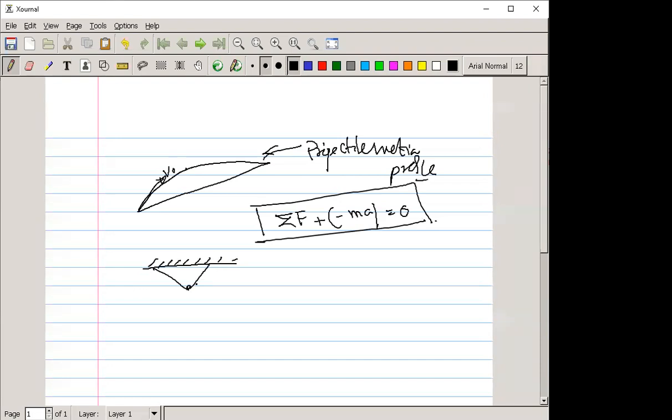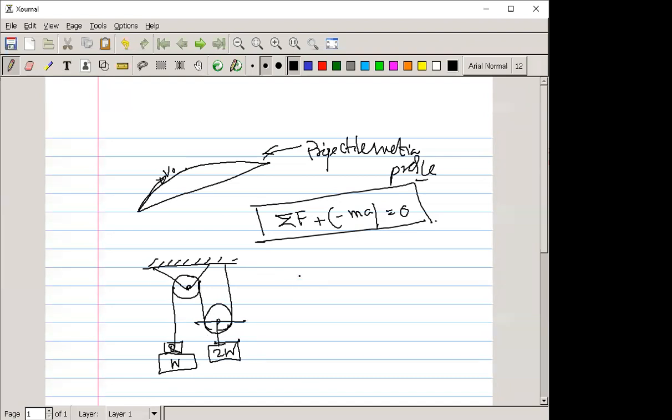Suppose a pulley is there, and it has a load Q and a W, then suppose another pulley is there, and suppose this load is 2W.